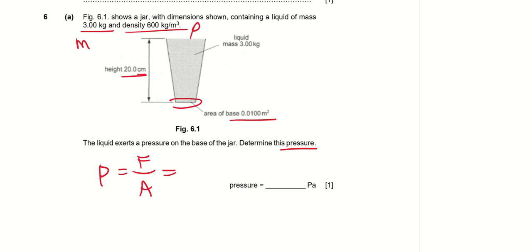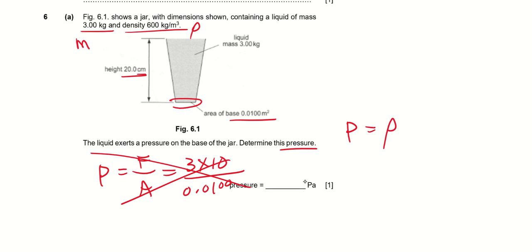The weight is 3 kg times 10, over 0.0100. But I discovered that we cannot do this because the force due to the liquid acts on an area larger than the given area of 0.1. Because the side of the jar is slanted, we actually need to use the liquid pressure formula.